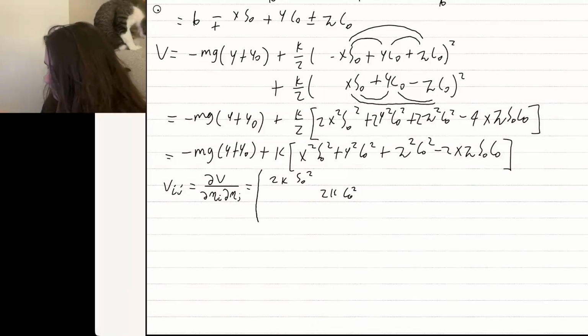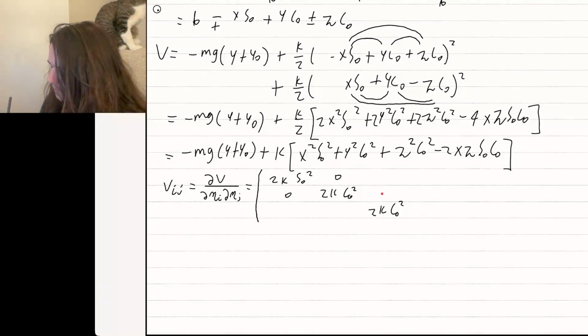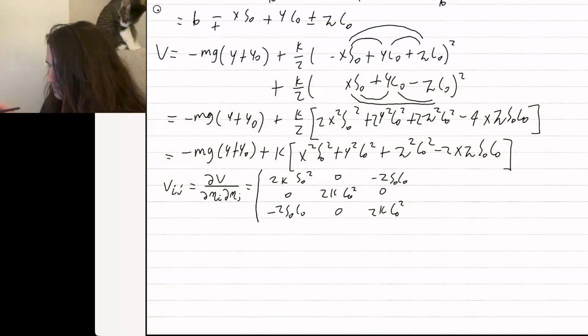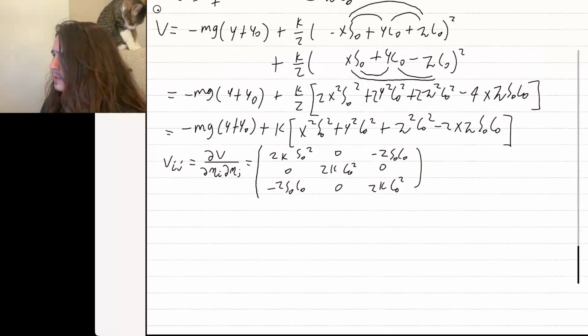If you did z twice, you would get 2k c naught squared. If you did x and then y, you would just get 0. If you did y and z, you would get 0. The only weird one is if you take x and z either direction, you would just get minus 2 s naught c naught, or minus 2 s naught c naught, right? So that's your potential energy matrix.